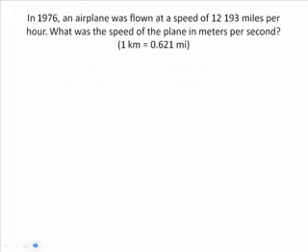Okay, now we can also apply factor label when we have these combined units, like for example miles per hour, meters per second, like we have in this case. So let's take a look, and here we have a word problem, and I know some of you have told me that word problems are not exactly your strong point. So let's look at how we would dissect this.